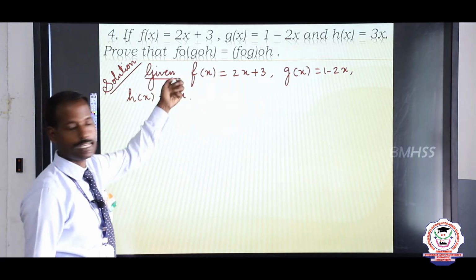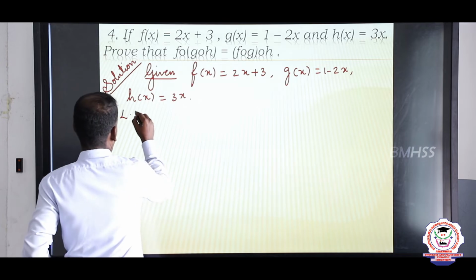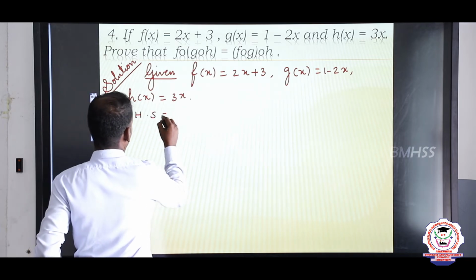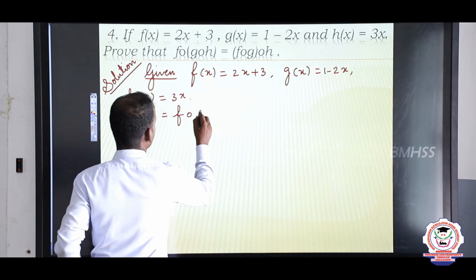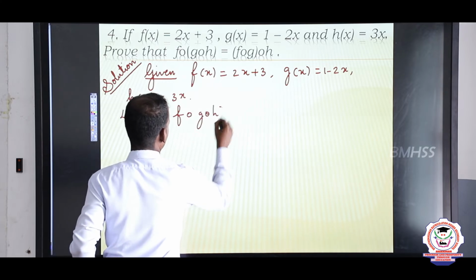Here the function LHS equal to f naught g naught h.